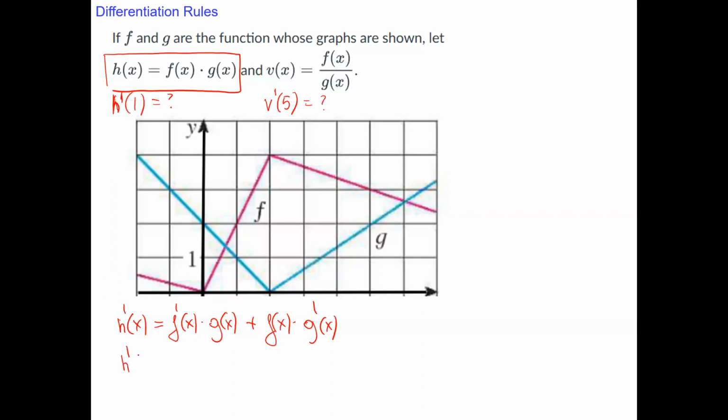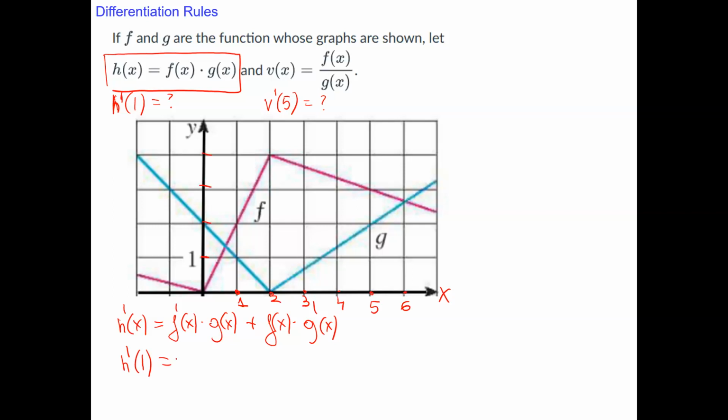And now let's say I just pick the value 1. We have to find the derivative of h at 1, at x equals 1. This is x, and this is 1. 2, 3, 4, 5, 6. And this is also 1, 2, 3.